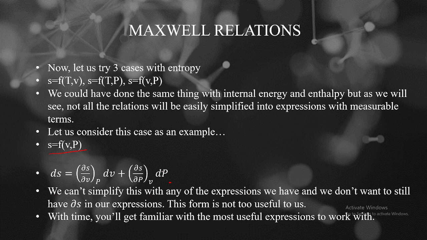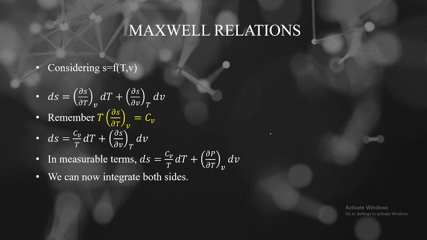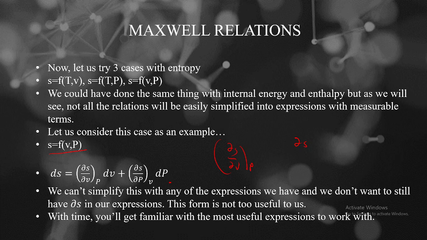You can actually check the Maxwell relations. You won't find anything like del s del v at constant p, or del s del p at constant v. So we can't simplify this further, right? And the thing is that we still don't want to work with del s.